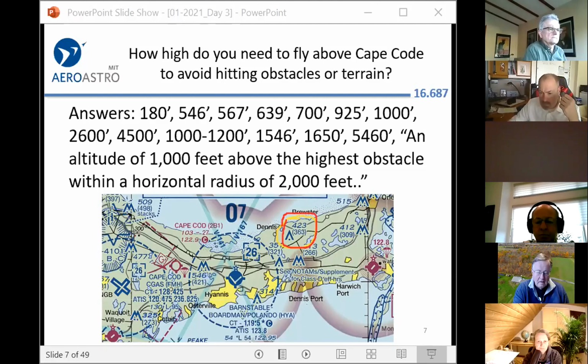That's the altitude that's going to show on your altimeter in terms of what is the height of that obstacle. And then 363 is the AGL altitude, which is above ground level. So a little bit of a morbid way to think about it is if you were flying and you hit the top of that obstacle, your altimeter would say 423, and then you would fall 363 feet till you hit the ground.